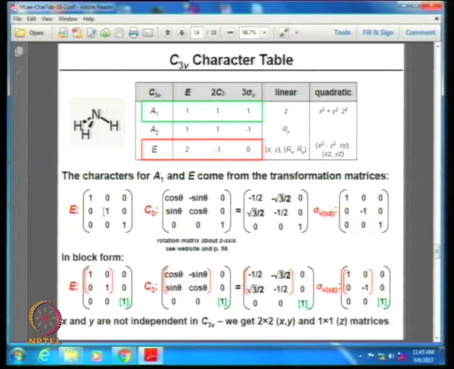Okay. But now he points out that this generic 3D representation that we could think of is obviously reducible, right? Because it has 2 by 2 blocks and it has a 1 by 1 block of the z-axis. So it is a reducible representation. Is that clear?